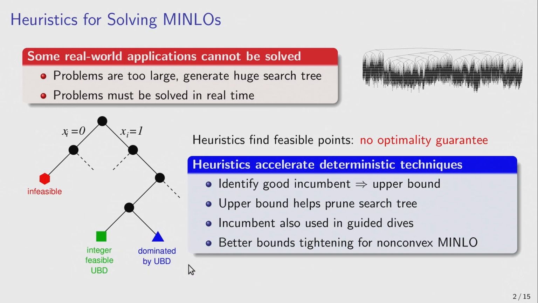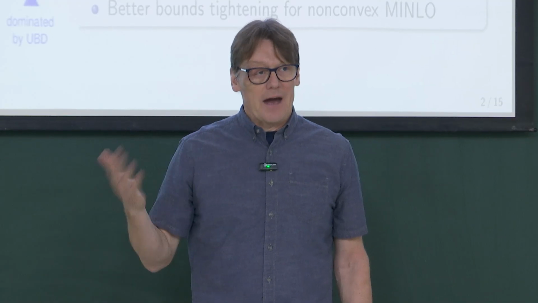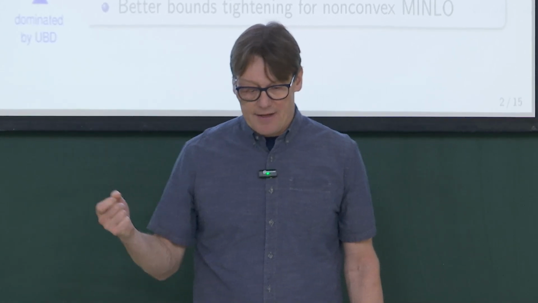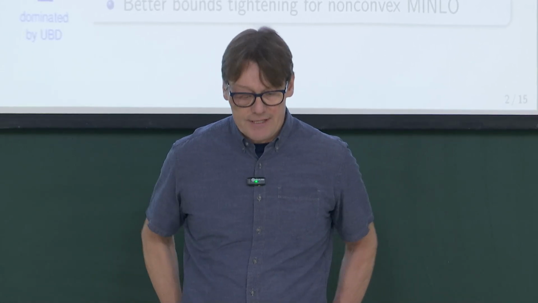They might help us prune parts of the tree that are dominated by the upper bound. They can also help us guide to where other good solutions might lie. You could think that if you found a good solution, maybe there are other good solutions nearby. And I'll talk about these heuristics as well.